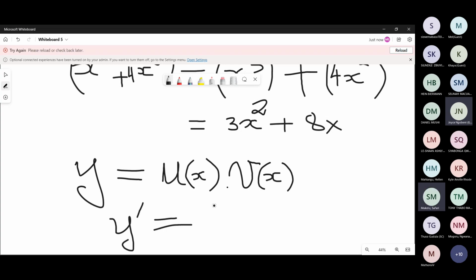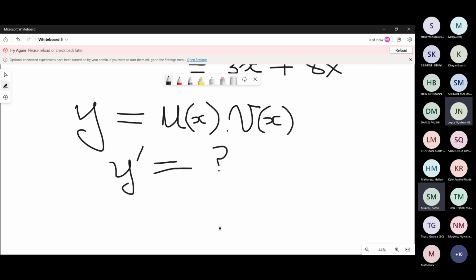How do you compute this derivative? What comes into your mind if you are honest? What comes quickly in your mind? Y prime. Kaya, what comes in your mind quickly to find that function y prime? If we want to find the derivative of u times v, what does your mind tell you immediately?